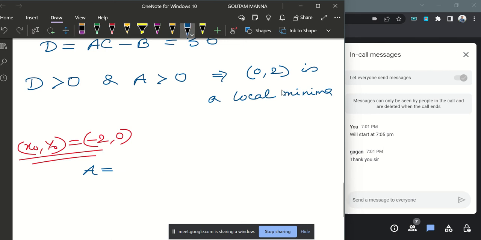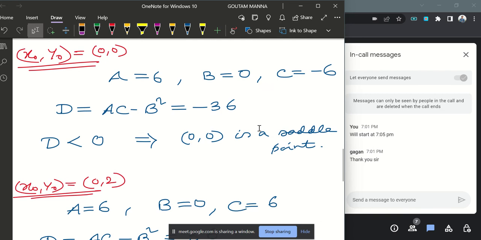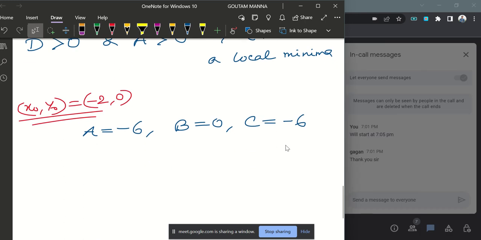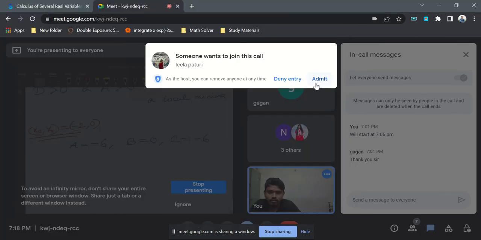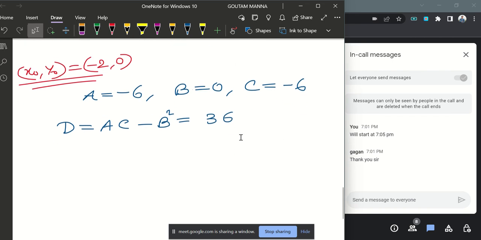So a is minus 6, b is always 0, and c is 6y minus 6, and y is 0, so in that case it will be minus 6. So our discriminant will be ac minus b square, which is 36, again positive.